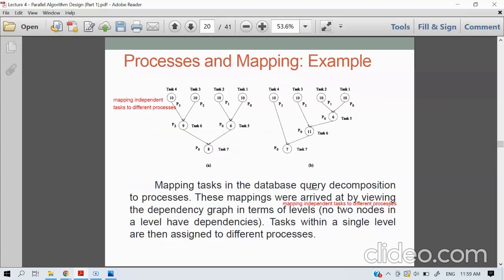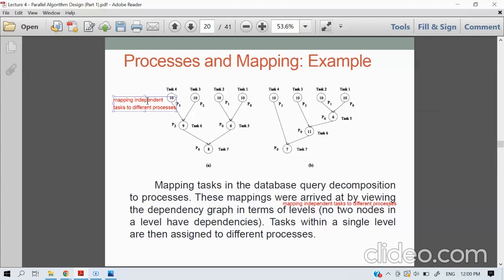Okay, contoh. Kalau you all tengok kat sini. Mapping task in the database query decomposition to processes. Yang macam contoh kita buat tadi tu. Okay, so this is task 3, 2 and 1. So P0, P1, P2, P3 is the processes that we need to map. Okay.